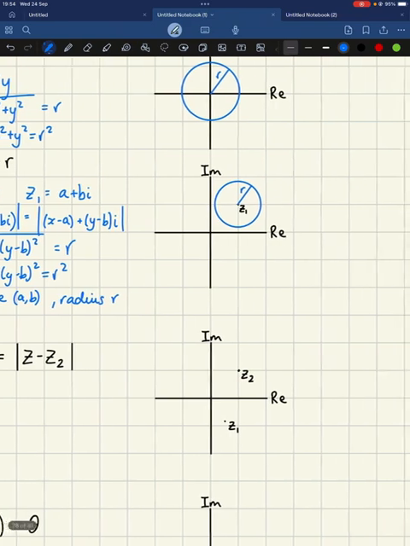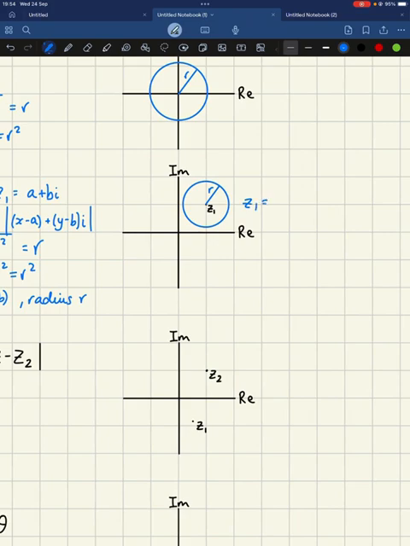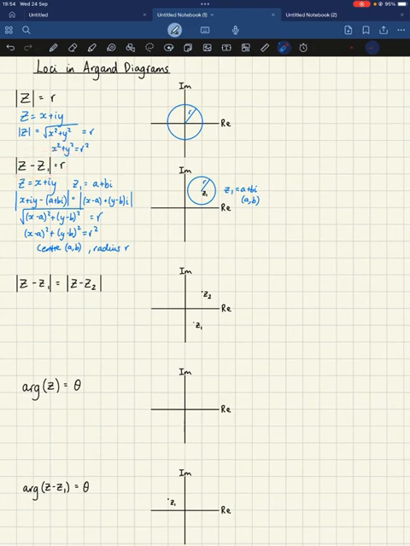And the centre (a, b), well, z1 was a plus bi, so as a coordinate here, that would just be (a, b). So this locus over here is a circle like this, with the known complex number as the centre.